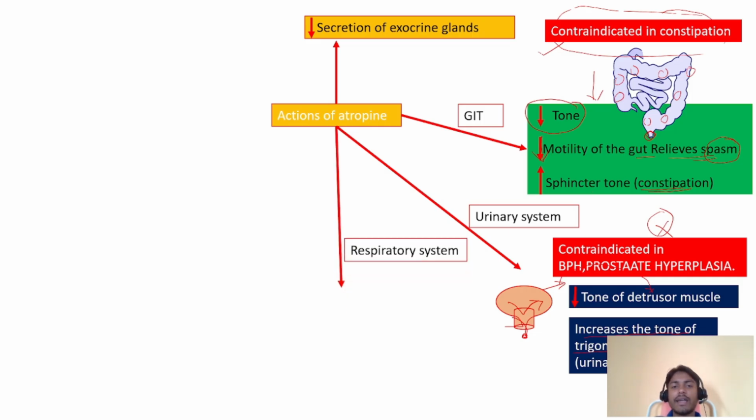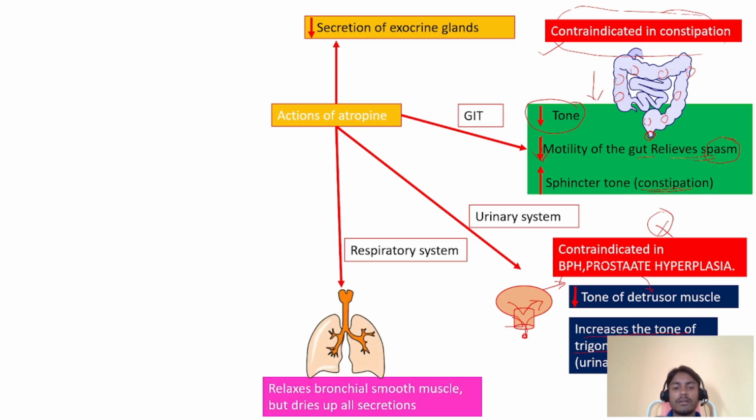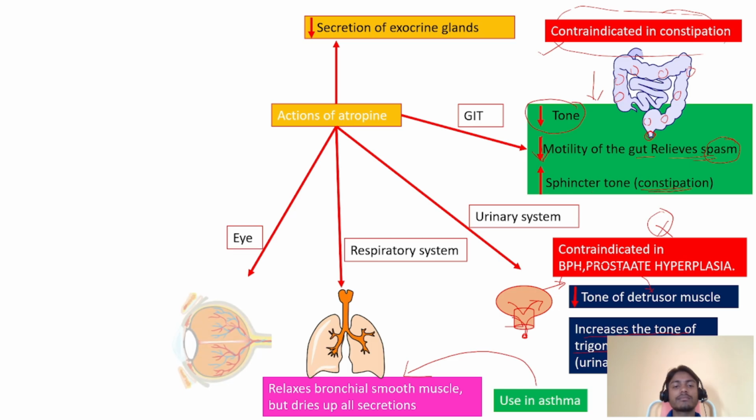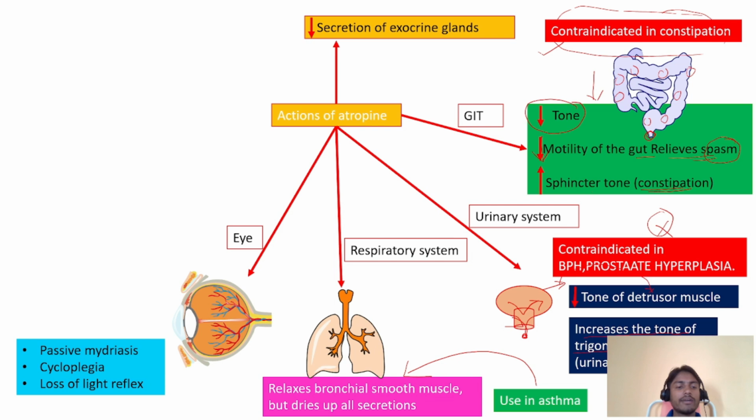Next is the action on the respiratory system. It relaxes bronchial smooth muscles, hence we can use these drugs in asthmatic patients. Next, action on the eye. It causes passive mydriasis, cycloplegia and loss of light reflex.